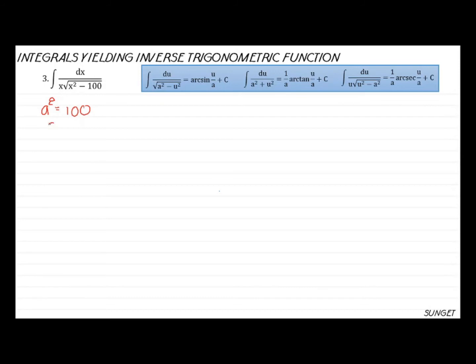Getting the square root of both sides, a is equal to 10. Then u squared is equal to x squared. Getting the square root of both sides, u is equal to x. Differentiate, so du is equal to dx.